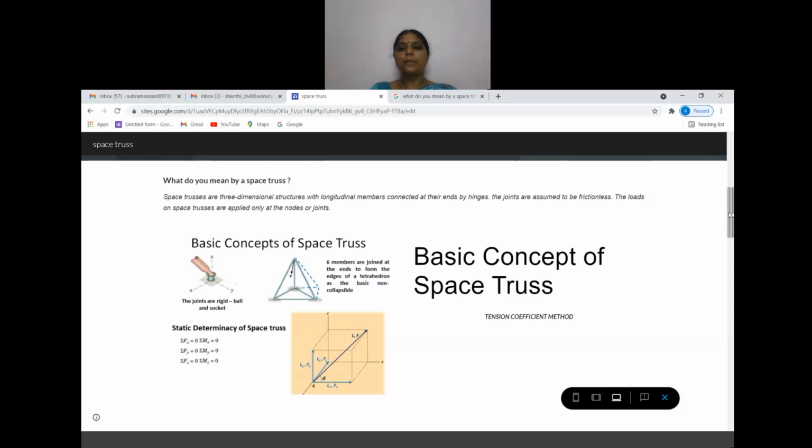The space truss is a 3D truss and it is an indeterminate structure. So other than the equilibrium equations, it needs the displacement equations also to solve for the member forces.